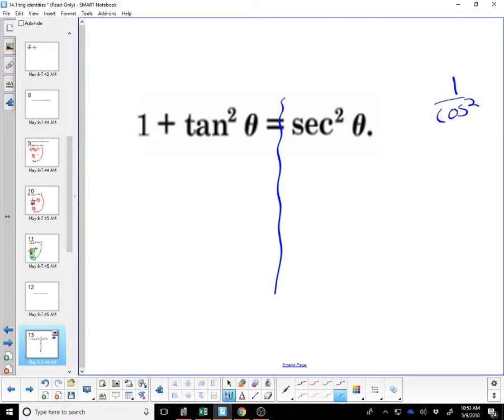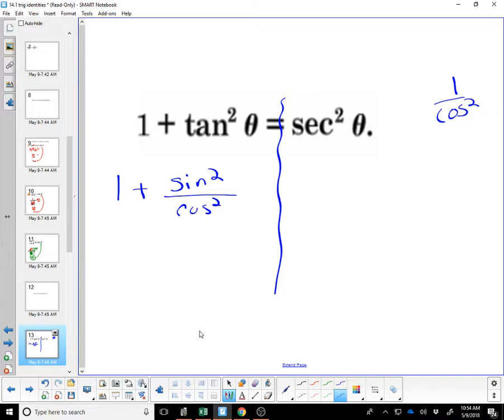If I can get to that, I can just write it, flip it, and make it a secant. Does that make sense? So what can we do? I know that this is 1 plus sine squared over cosine squared, correct? Because that's tan, right? Sine over cosine?